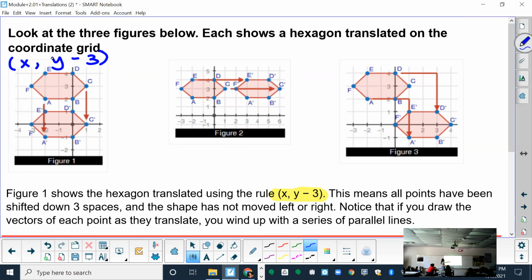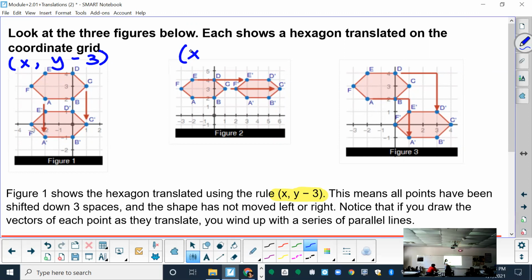All right, now look at figure 2. I know the rule is somewhere down there, but I'm not going to look at it. For this one, is there any movement from the left to the right? Yes, there is. First, which way is it going? Is this one translating to that one, or is that one translating to this one? All right, it's going from left to right. You know that because it has arrows, but usually those arrows won't be there.